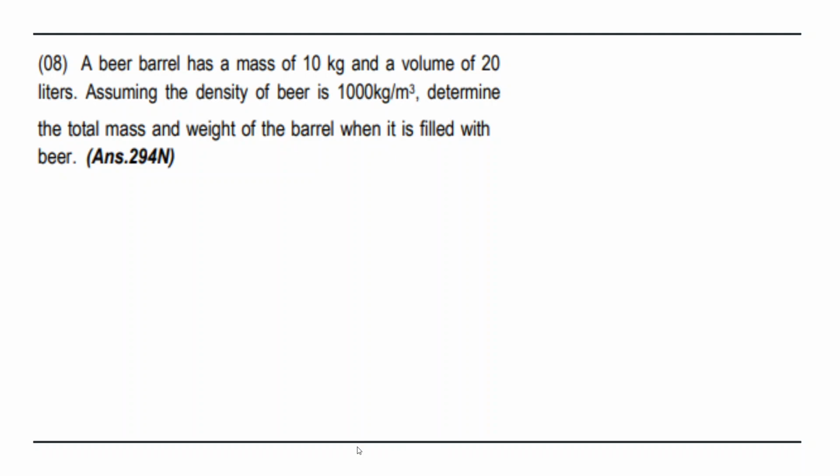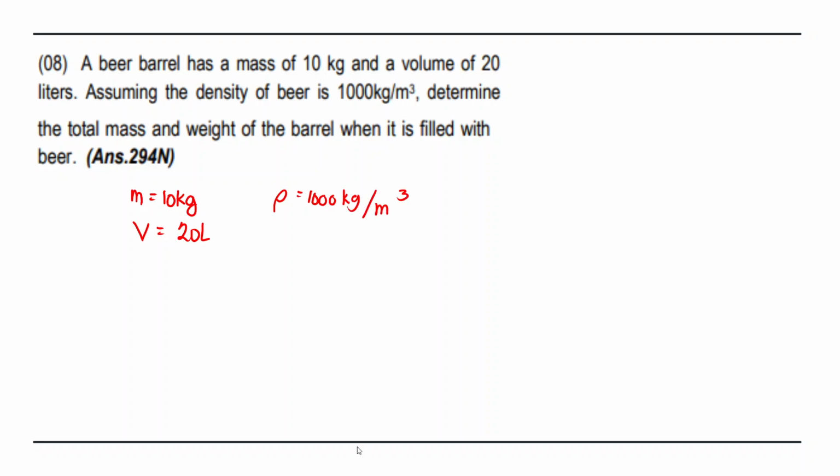Okay? So, our given is 10 kilogram. This is the mass of the barrel, okay? And then the volume of 20 liters. The density of the beer is 1000 kilogram per meter cube.